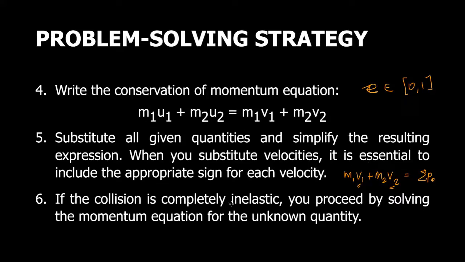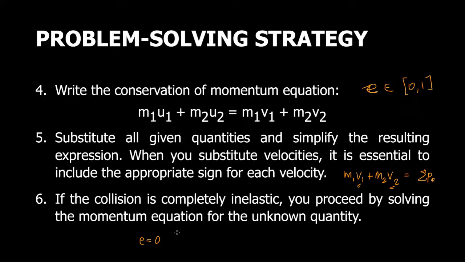If the collision is completely inelastic, that is when E is equal to 0, you proceed by solving the momentum equation for the unknown quantity. So, what does that mean?